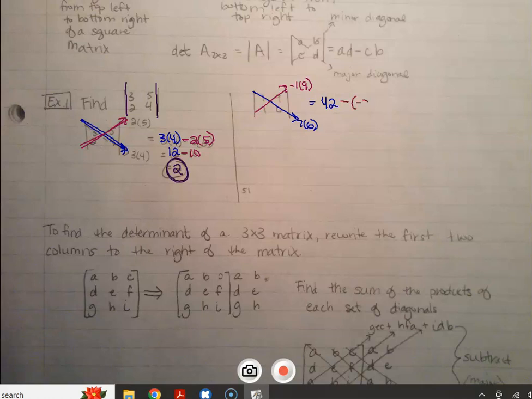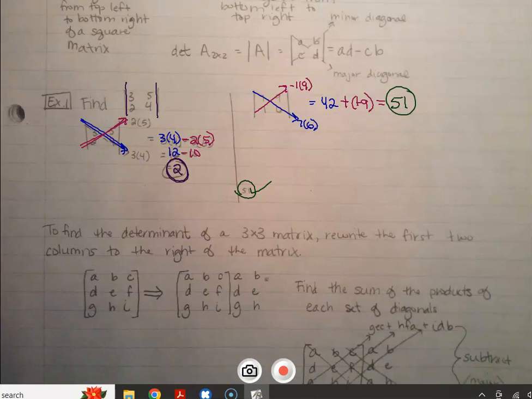So minus -9 equals 42 minus -9. Well, that's the same thing as plus a positive. So 42 plus 9 is 51. And you'll notice I had that right here, so check. We got it right. We just found a determinant of a 2 by 2 square matrix.